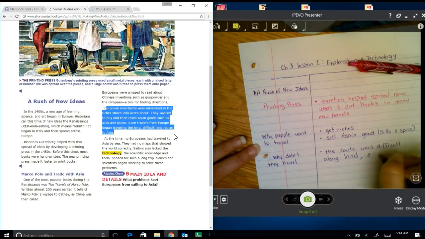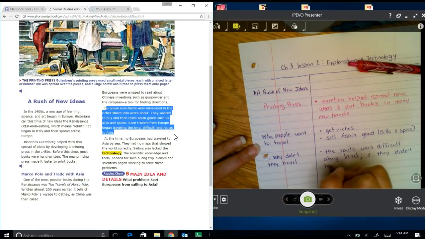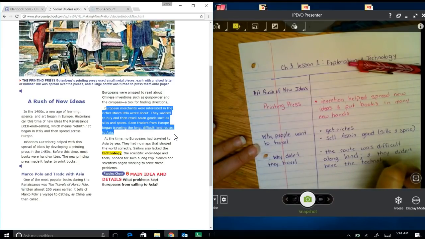And they didn't have the technology to make the long trip.